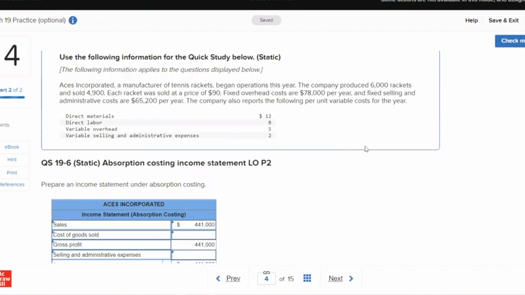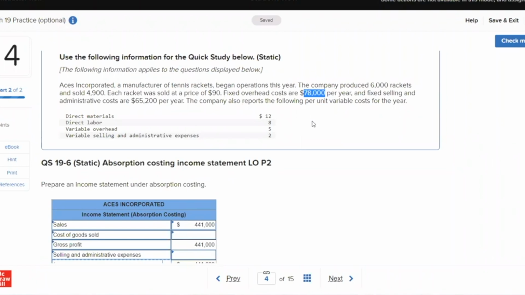To get the fixed overhead, we first divide by the units produced. So the fixed overhead is 78,000. Remember, we're going to divide by produced. 78,000 divided by 6,000 equals $13 even.